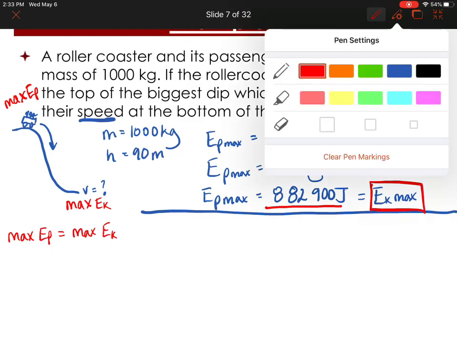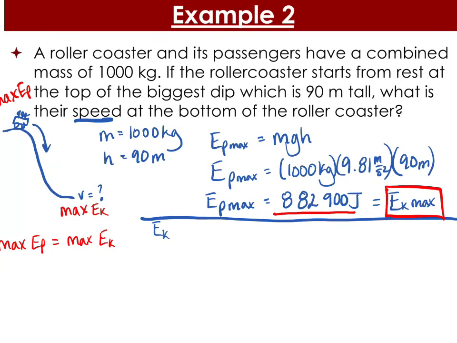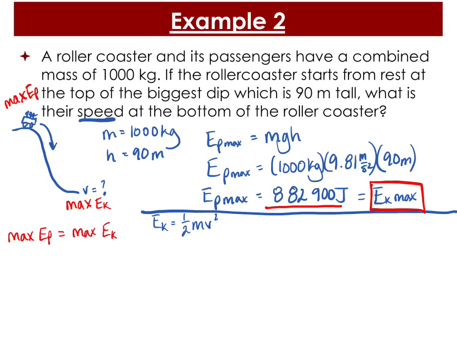Okay, because then I can go over to my kinetic energy formula, which I know is equal to 1/2 mv squared. And hey, we already did one where we basically did this, okay? I'm just doing it all in one now instead of asking you in pieces, okay? Because we know our kinetic energy at the bottom is equal to the potential energy at the top.